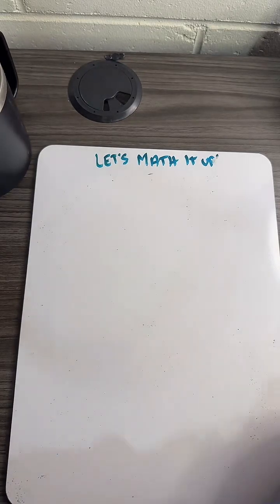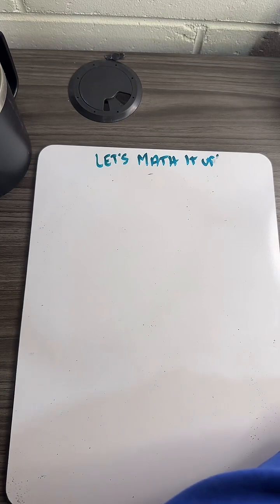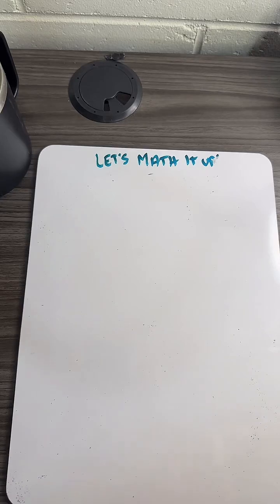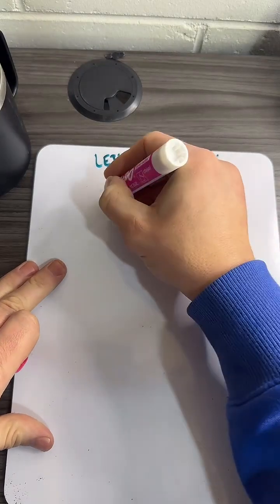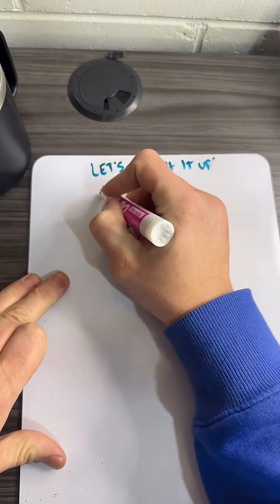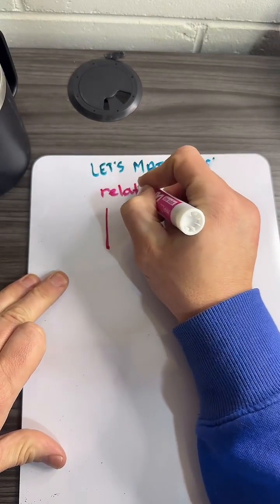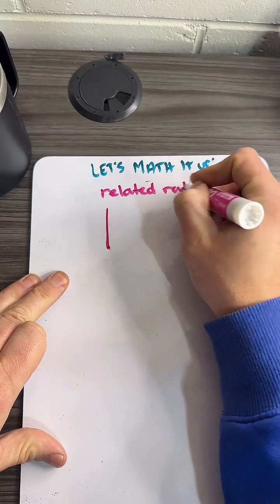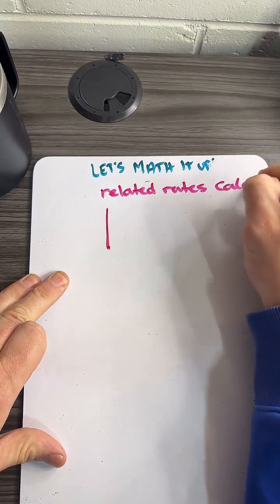Yes, related rates. Perfect. So, get up a problem here because it's kind of hard to come up with one on the fly. All right. So, let's go ahead and take a look at related rates. All right.